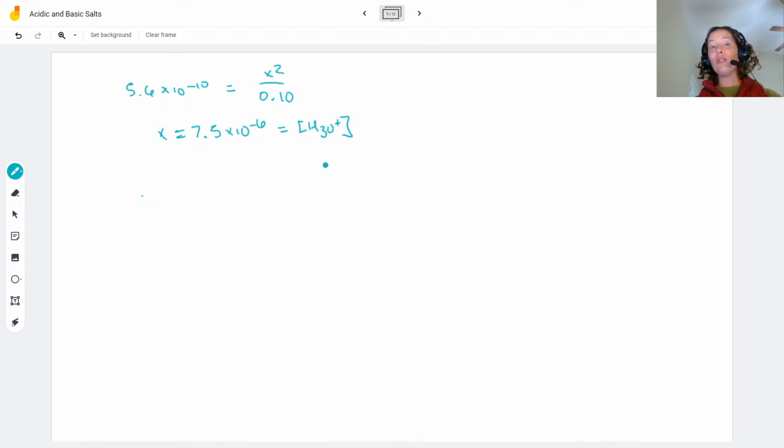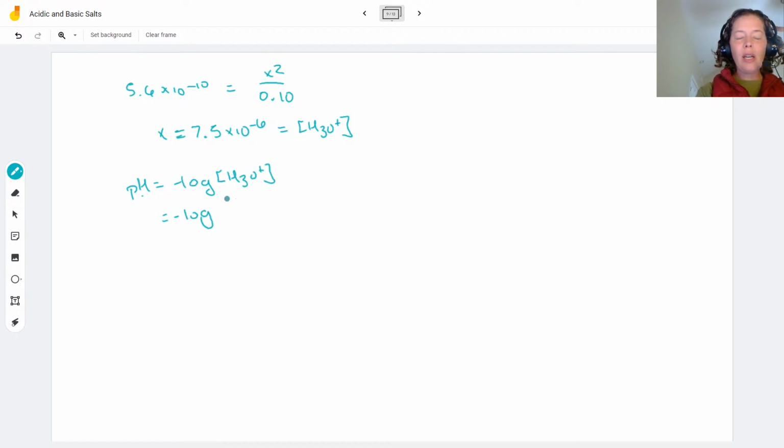This is really good news, right? Because I'm trying to calculate pH. So this is negative log of hydronium, which we now know. So this is negative log of 7.5 times 10 to the negative 6, which gives me a pH of 5.12.